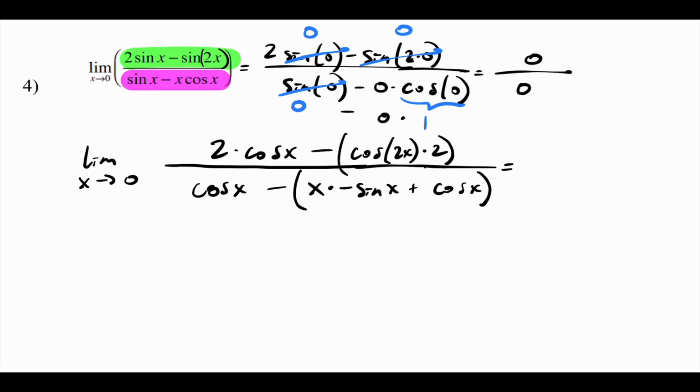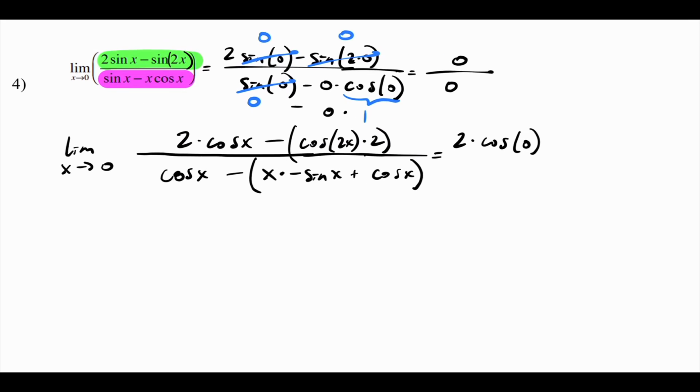Okay? Everywhere I see an x, I'm going to plug in a 0 again. 2 times cosine of 0 minus cosine of 2 times 0, which is just 0, times 2.